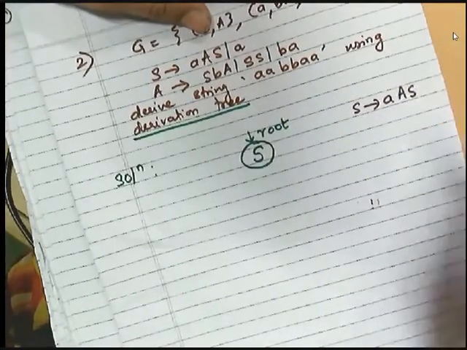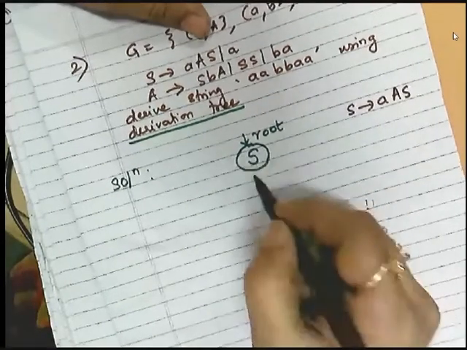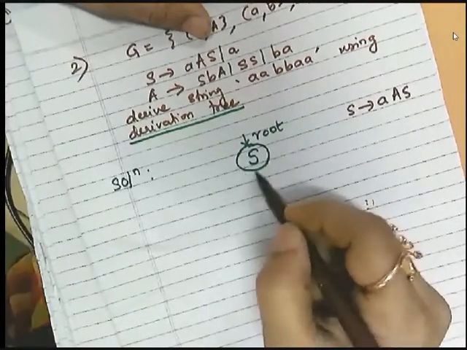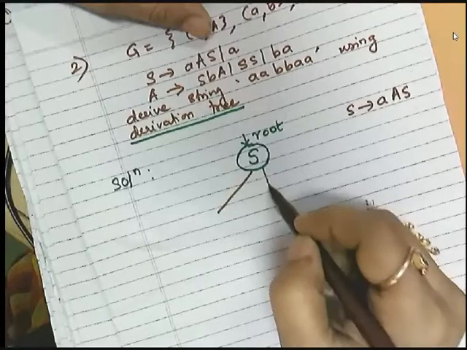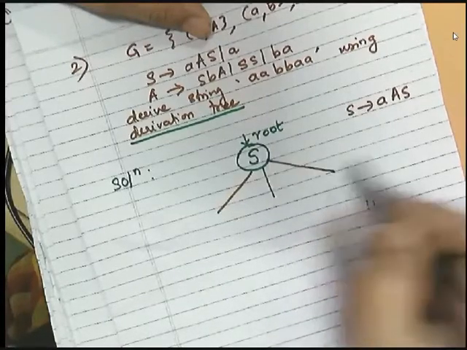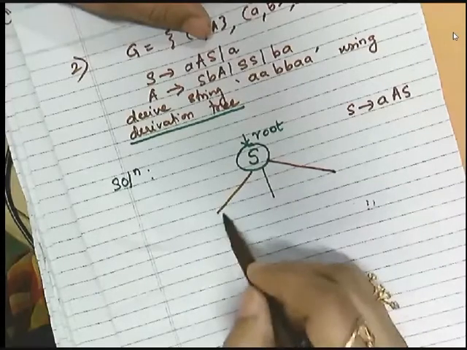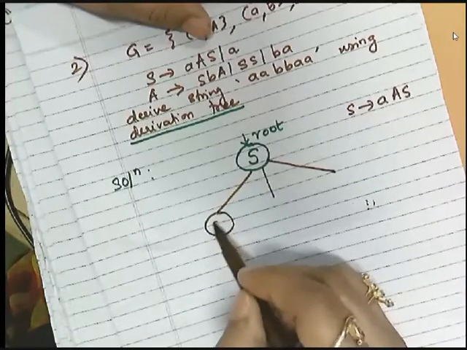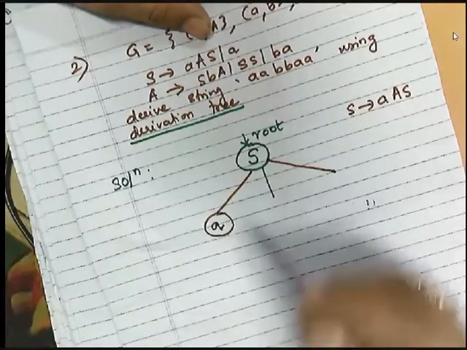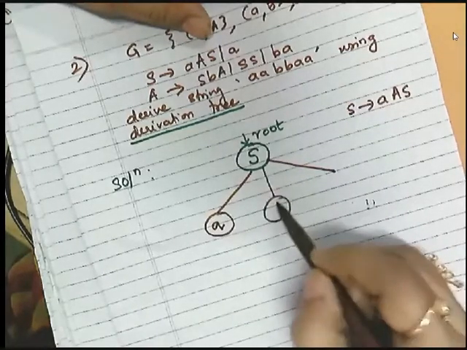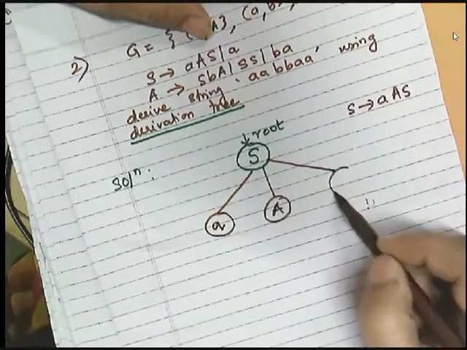A, A, S for the leftmost derivation. That means we should have the children for this particular tree as whatever is written in the right hand side. So our leaves will have the labels as A, capital A, and capital S. Okay.